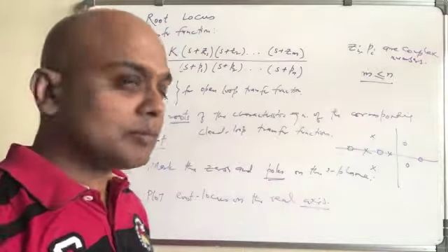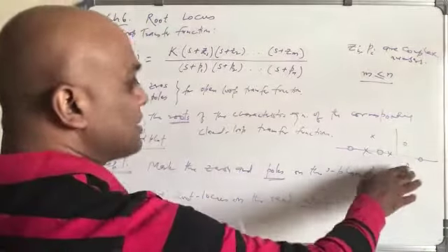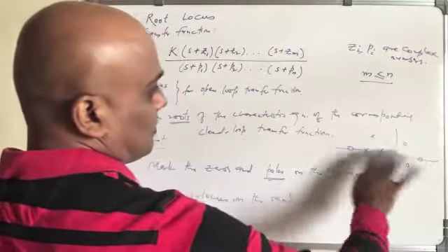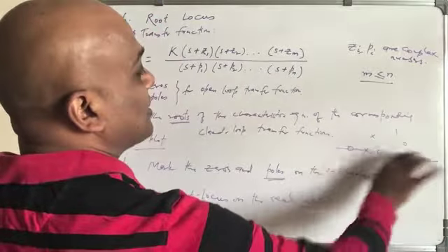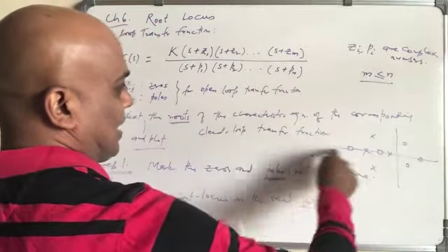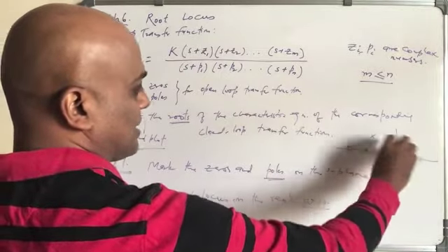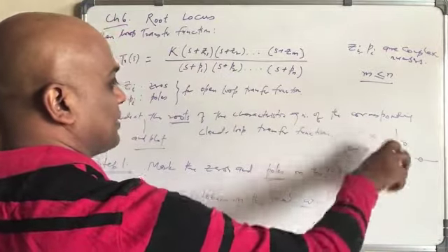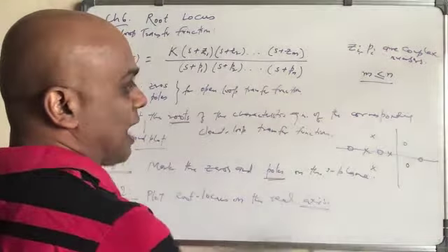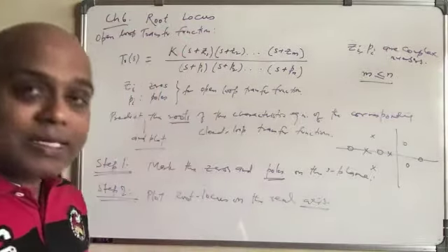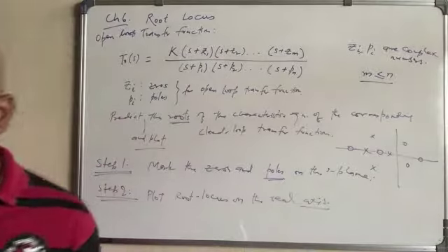Why? This is because it is symmetric about the real axis. This is the real axis, right? So all the points you are getting are symmetric about the real axis. Hence, it is very convenient.